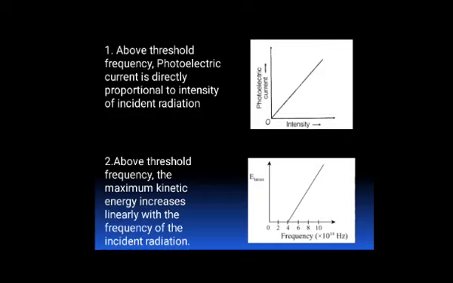Along the y-axis, maximum kinetic energy. If you observe the graph, it has not started from the origin, because above threshold frequency, the maximum kinetic energy increases linearly with the frequency of incident radiation.